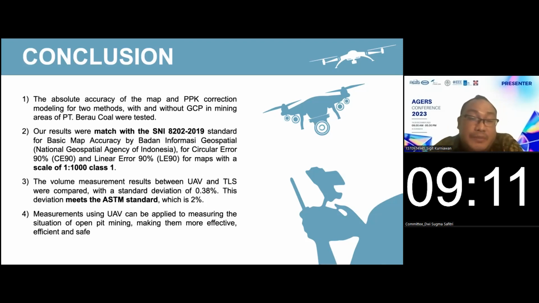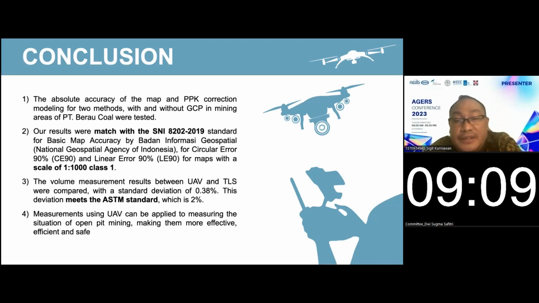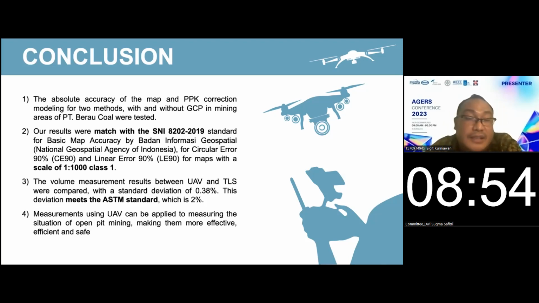And the volume measurement result between UAV and TLS was compared with a deviation of 0.38%. This deviation meets the ASTM standard, which is 2%. And then measurement using UAV can be applied to measuring the situation of open pit mining, making it more effective, efficient, and safe.